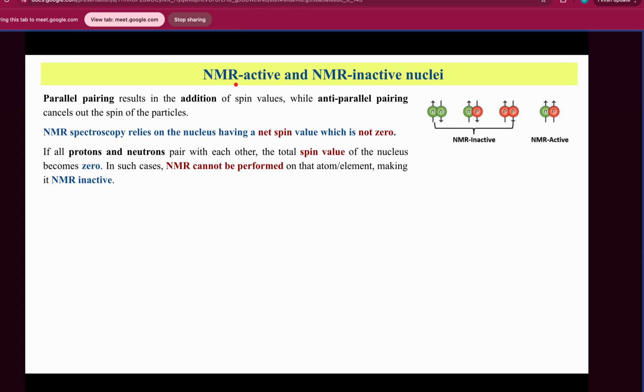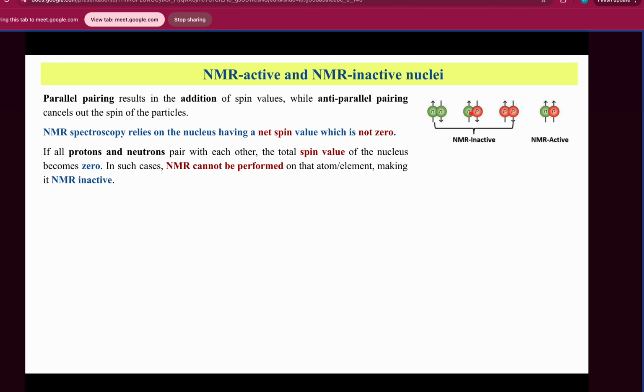Now let's talk about the NMR active and NMR inactive nuclei, because the nucleus is the main thing which is the key player in NMR spectroscopy. So first thing is parallel pairing, which means the addition of spin values. So if there is a parallel spin, then the spin values will add on, which will increase the resultant spin. Whereas if there is anti-parallel pairing, then in that case it will cancel out the spin.